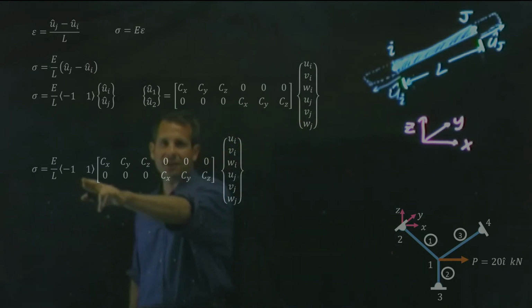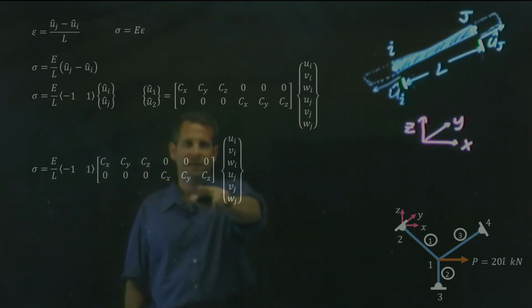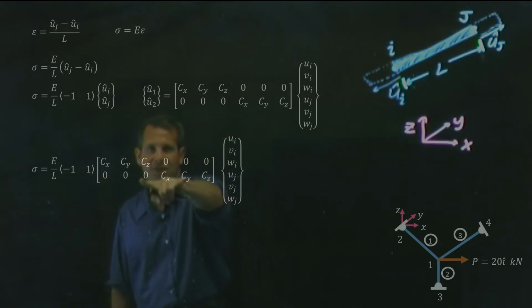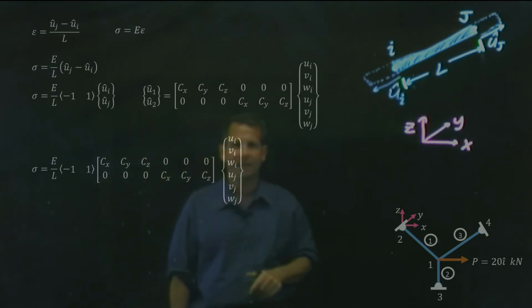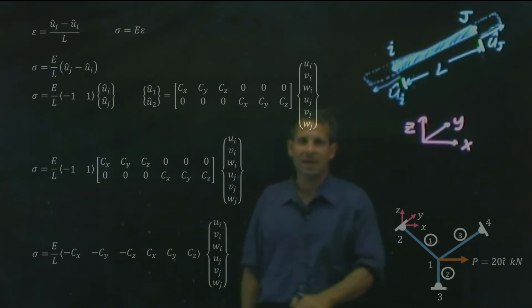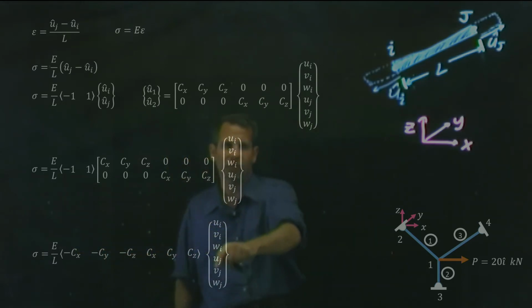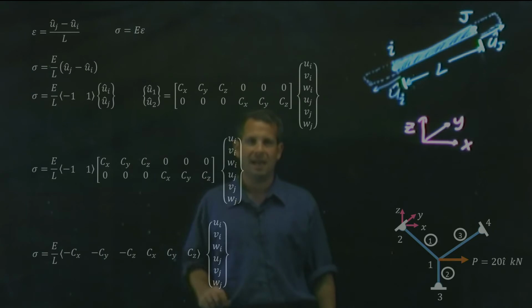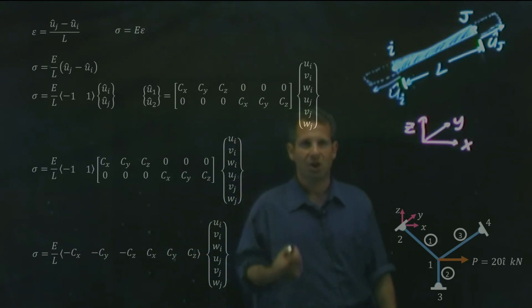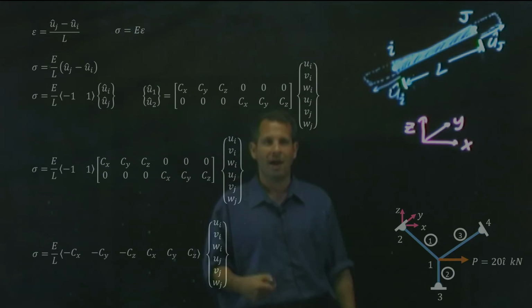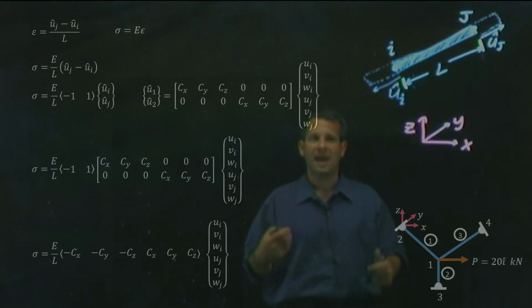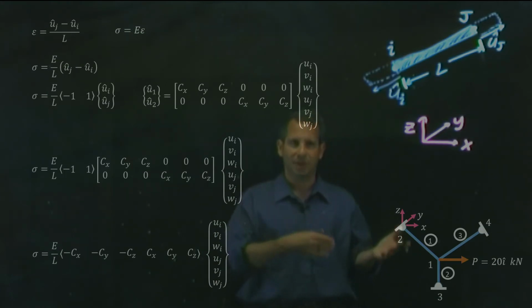Since this vector is always the same and this matrix is always of the same form, I can go ahead and do this multiplication ahead of time. What the result will be is a one-dimensional row vector, -cx, -cy, -cz, cx, cy, cz. Remember, all of these cx's, cy's, and cz's represent cosine theta x, cosine theta y, and cosine theta z, where the theta x, theta y, and theta z are the angles that relate the local coordinate system to the global coordinate system.